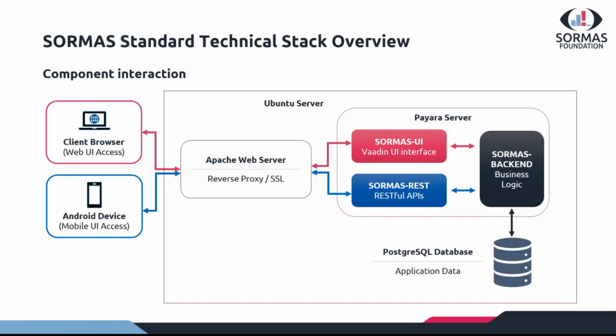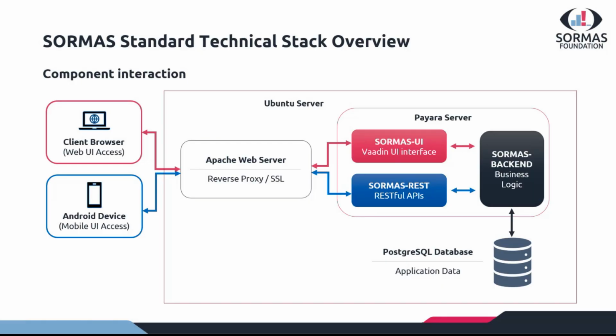When a user is accessing SORMAS from a web browser and they enter the URL for their SORMAS deployment, that request goes to the Apache web server, which is publicly available. The web server then proxies that request internally to the Payara server.